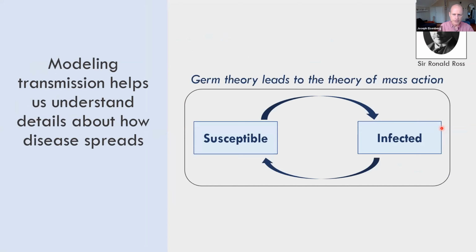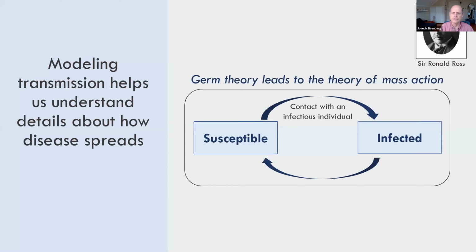So when we think about modeling transmission, and again, this is probably material that you saw yesterday, but just to go over quickly how we think about the spread in the context of transmission models. In the early 1900s, Sir Ronald Ross develops this idea from germ theory, this theory of mass action, that says susceptible people are exposed by contact with other infected people.